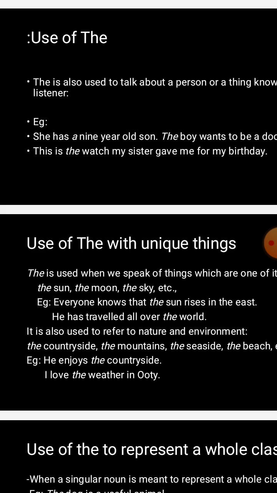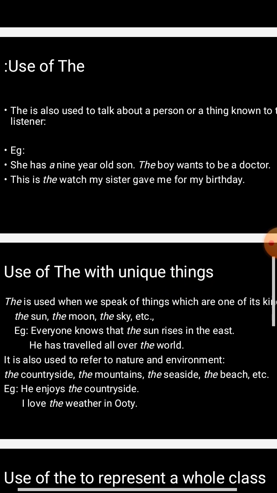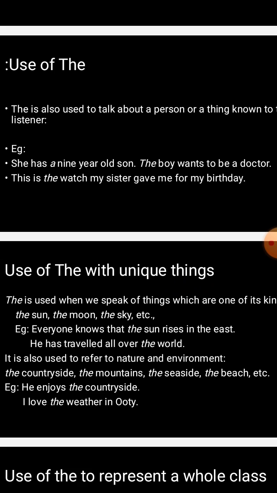The is also used to talk about a person or thing known to the listener. She has a 9-year-old son. The boy wants to be a doctor. This is the watch my sister gave me for my birthday.